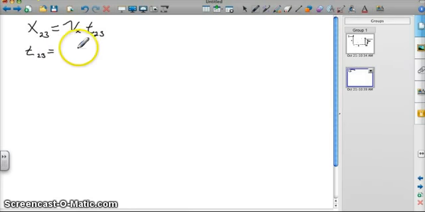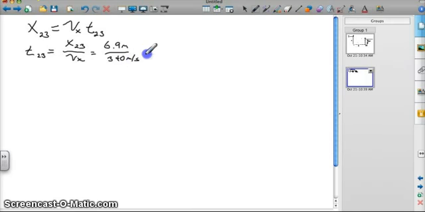I'm going to get this here. If I substitute the values I know, we were told in the problem that the distance between point 2 and 3, the window and the wall, was 6.9 meters. And we were told that the bullet was fired at 340 meters per second.